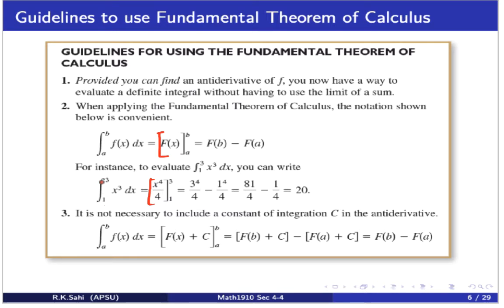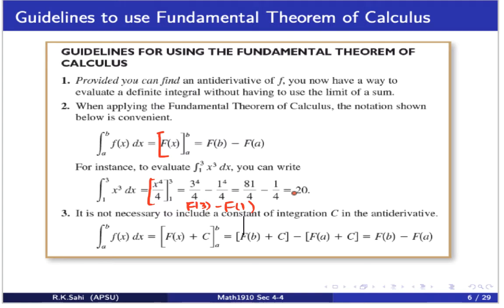These are the lower limit and the upper limit. And remember, the inside part is F of x. And this will be F of 3 minus F of 1. So this one, guys, is capital F of 3 minus capital F of 1. Now what basically this means is evaluate this function when x is 3 and when x is 1, and then you do the calculations.